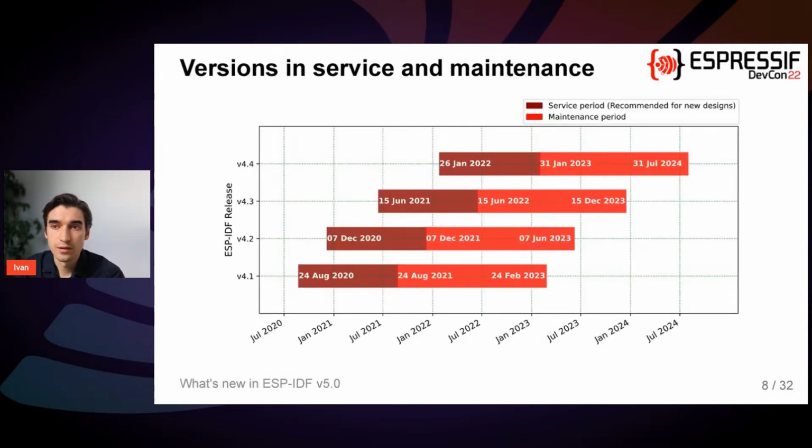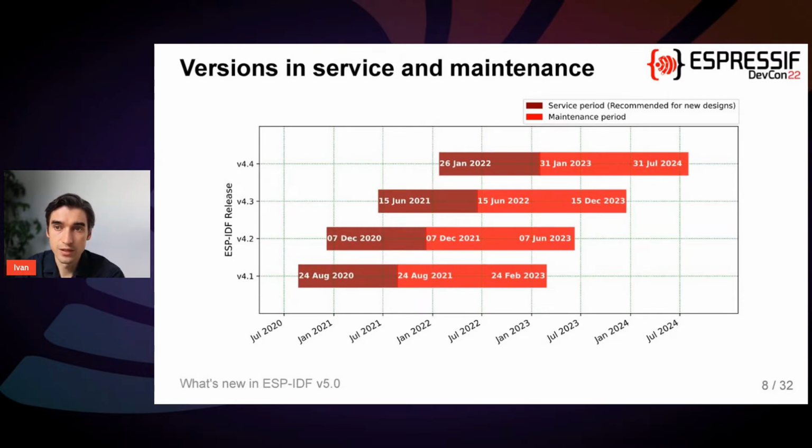If we look at another graph, and this is the graph you can find on the front page of ESP-IDF project on GitHub, you can see how these support periods are aligned right now. For example, as of now, the 4.4 release is in service and the rest of the releases are in their maintenance periods.